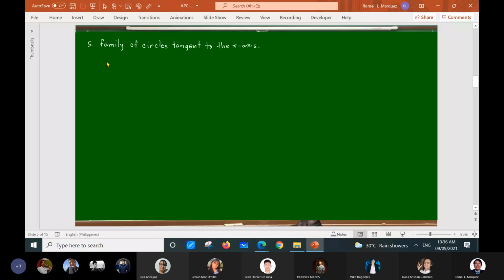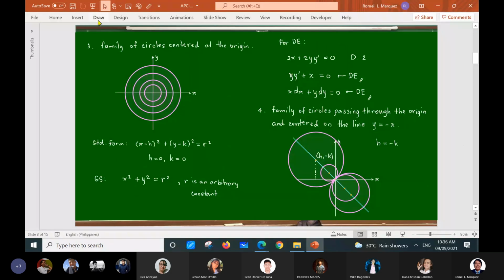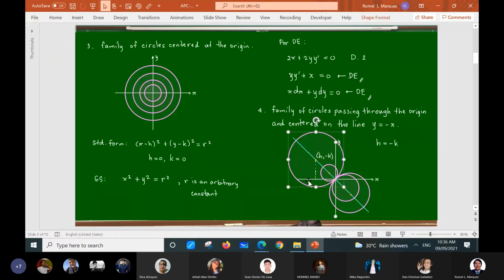let's have the Cartesian plane. I think I need to copy this because we have already Cartesian plane here. Yan, tsaka ito. Ay, yan.